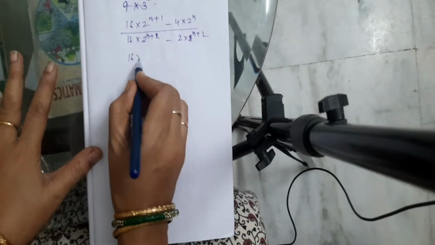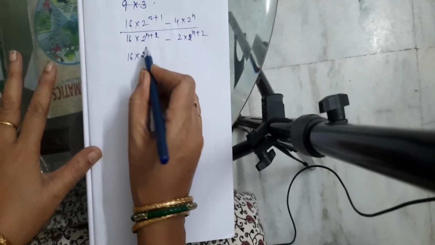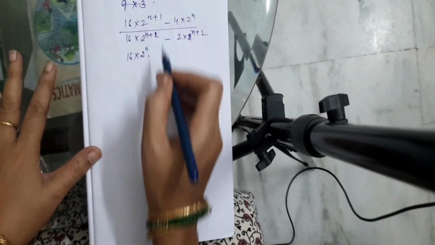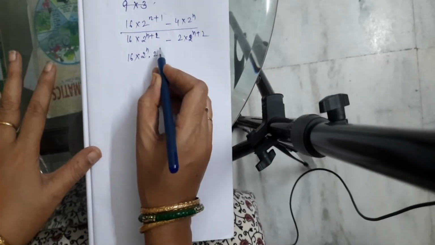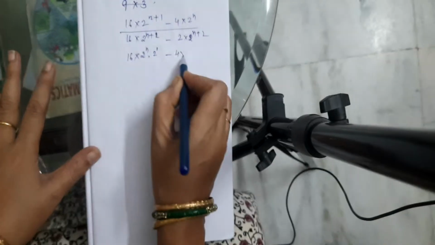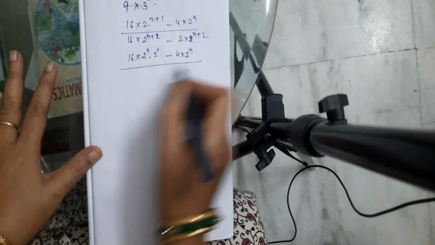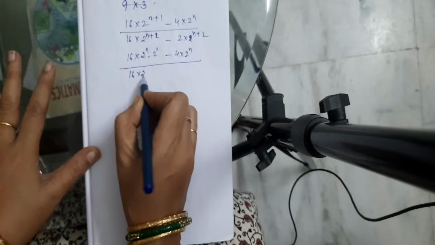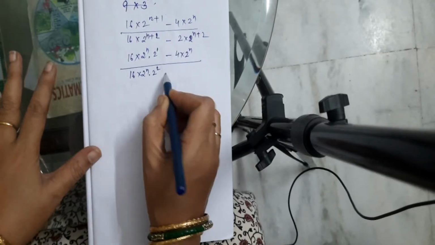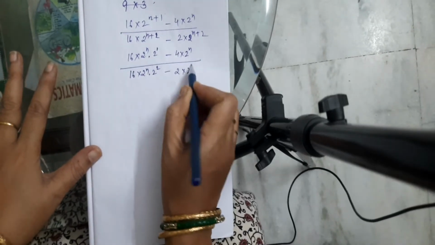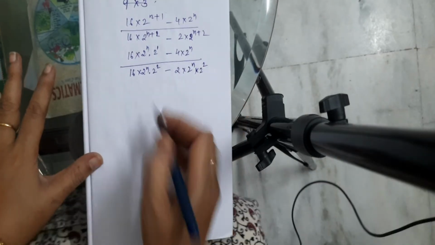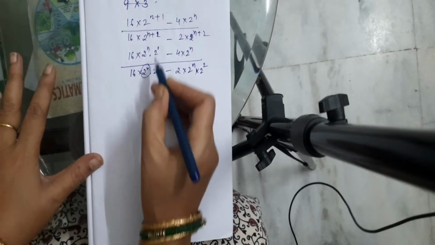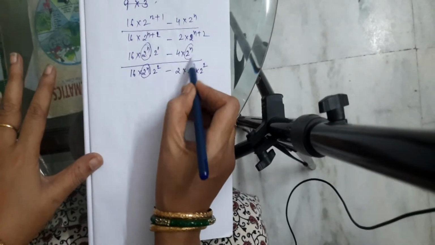So here 16 is there, and here 2 raised to n. Split it so that it becomes very clear what to take common. Here 4 multiplied by 2 raised to n, 16 multiplied by 2 raised to n, 2 squared, minus 2 raised to n multiplied by 2 squared. Now 2 raised to n is common in all the terms.